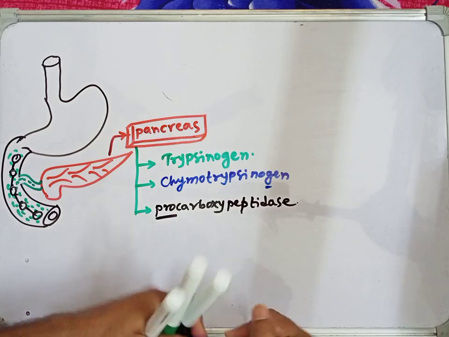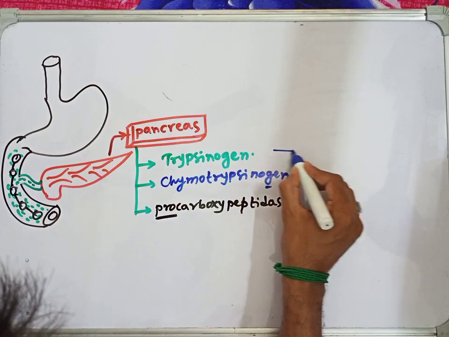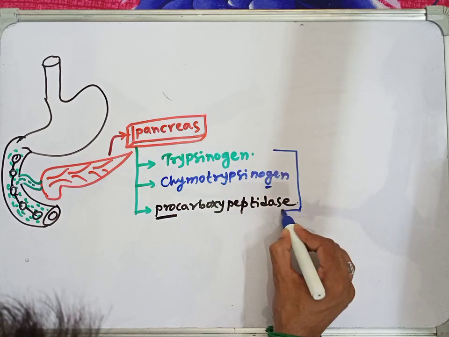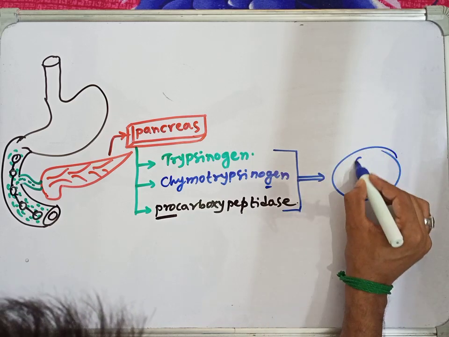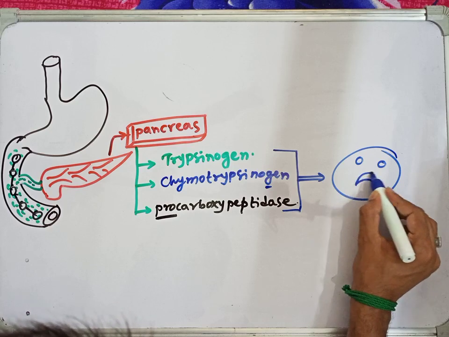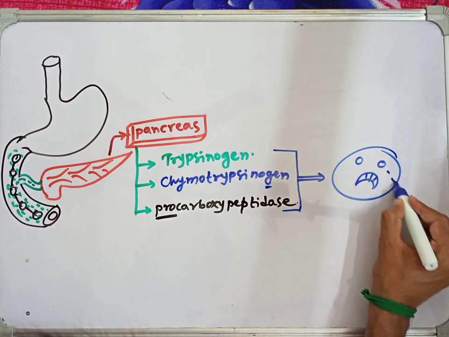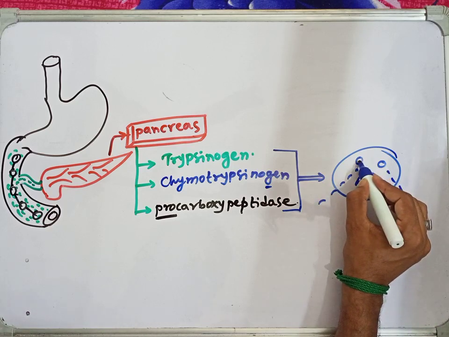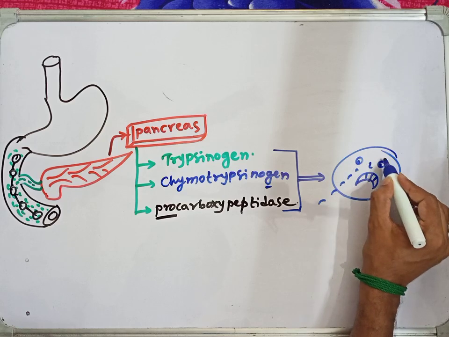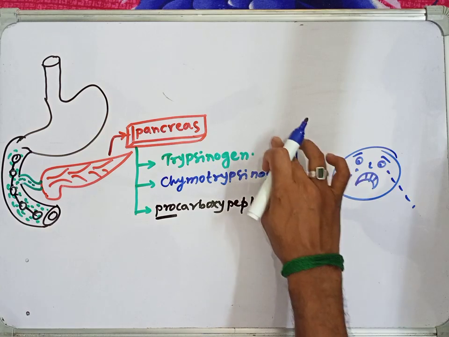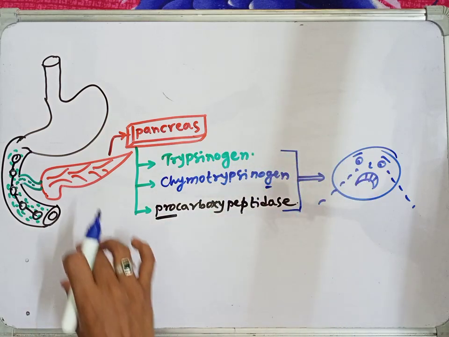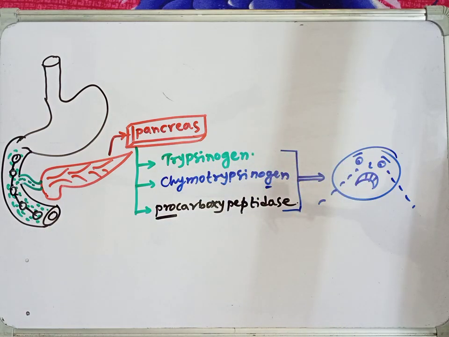That means all these proteins released from the pancreas are initially inactive enzymes, right? And this enzyme is just weeping, because why? Because it is not functional, not yet ready for the digestion of protein, right?